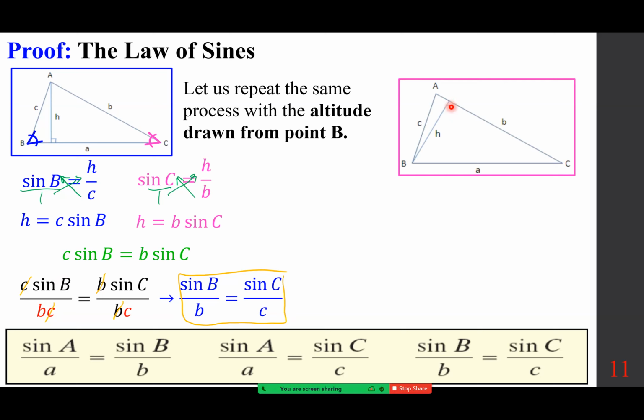So this makes a 90 degrees here as well as 90 degrees here. So both sides. So let's look at this angle. So sine of this angle is the opposite, which is H, over the hypotenuse, which is C. Bear in mind, this H is not the same as this H, and that's not what we are saying.